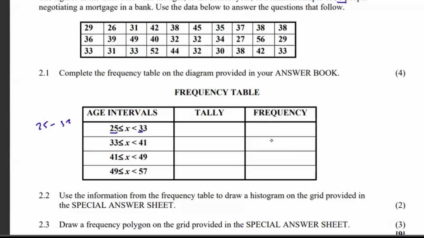So 25 up to 32, I have 1, 2, 3, 4, 5, 6, 7, 8, 9, 10. The frequency is 10. We represent that using tallies of that sort of format.